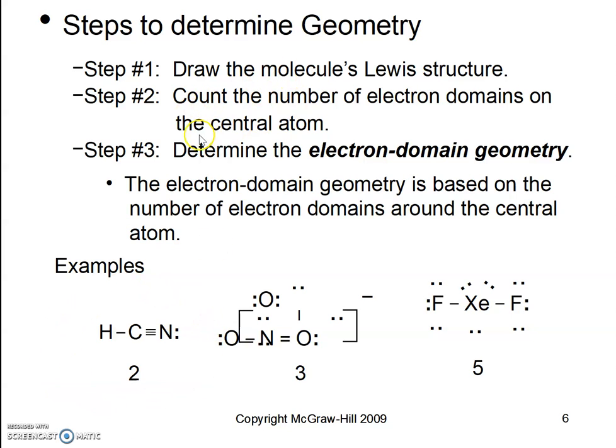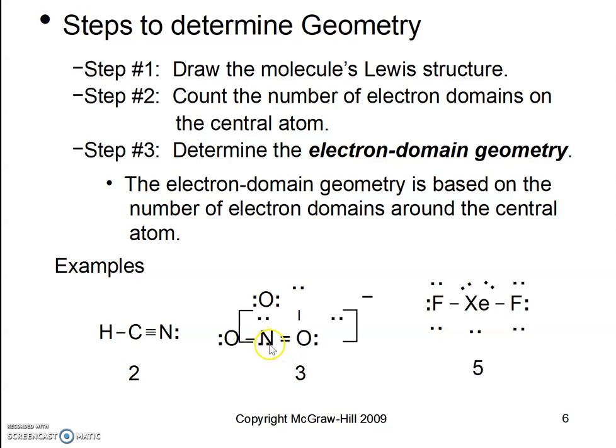Step number 2, count the number of electron domains on the central atom. So we don't care what's going on here or here. We care about the central atom. So we have one on the carbon and another one on the carbon. Remember I said 3 bonds is 1. So we have 2 on this one. And that is your electron domain geometry.